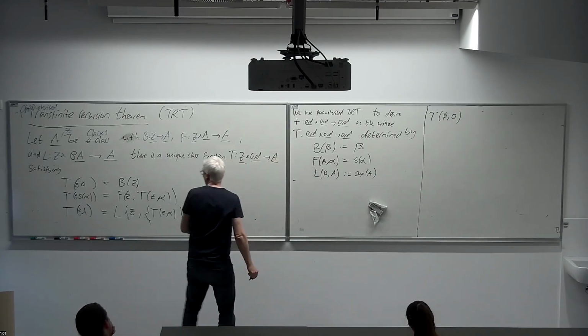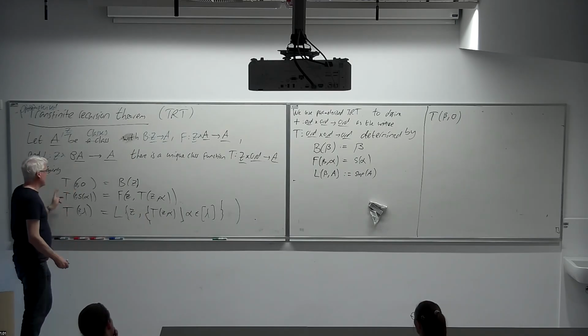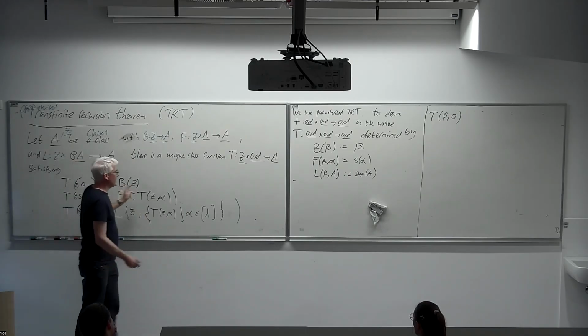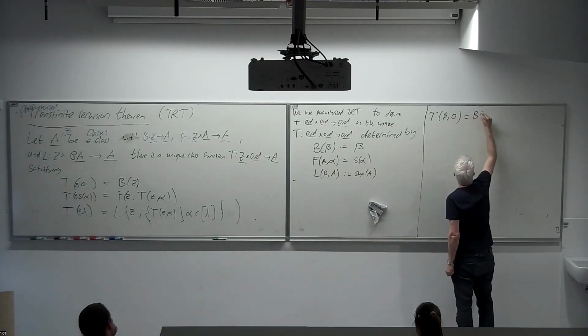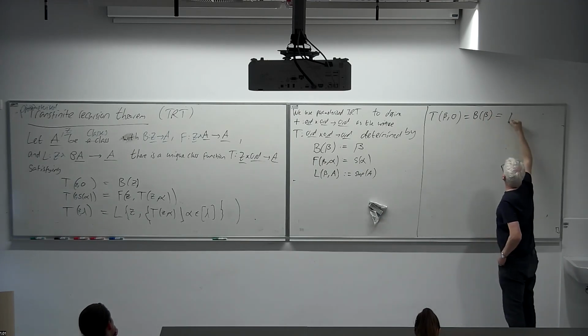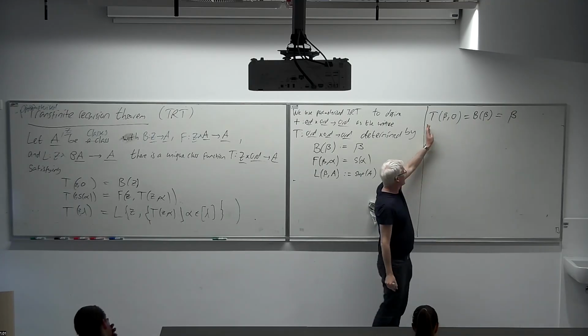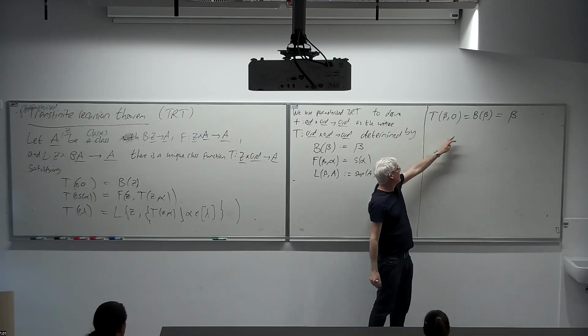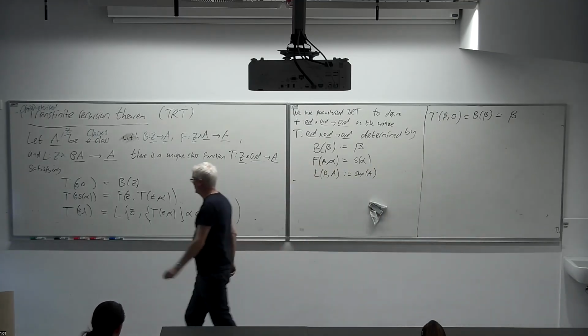So T of beta, 0 is B of beta, which equals beta. So if we think of T as addition, we're saying if we add beta to 0, we get beta back. So that's intuitively correct.